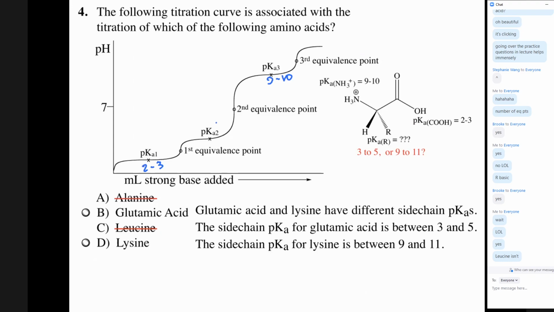So is this the side chain? Glutamic acid side chain is around 4. So it's between 3 and 5. Lysine is around 10.5. So would you describe this as being around 4, or is this around 10.5?